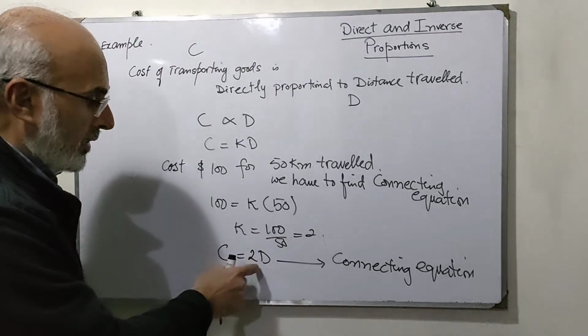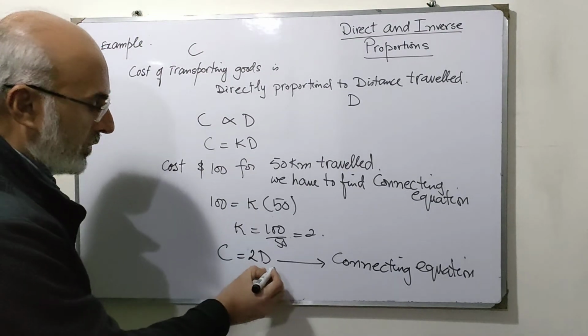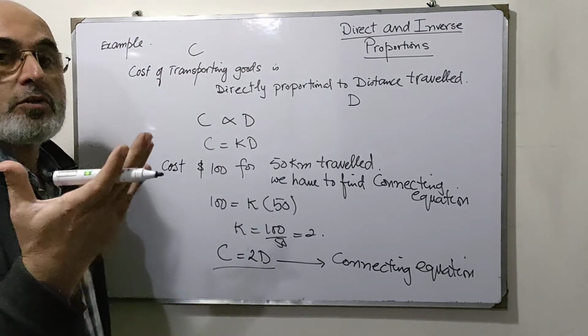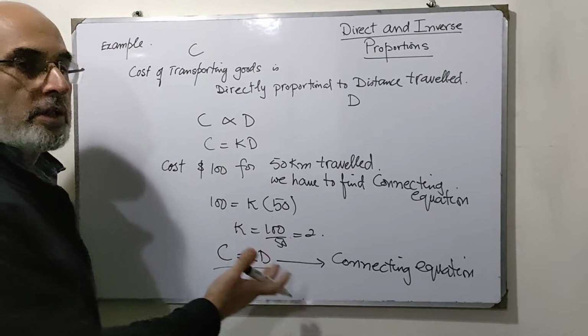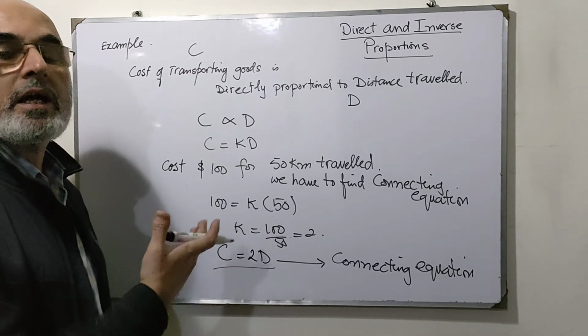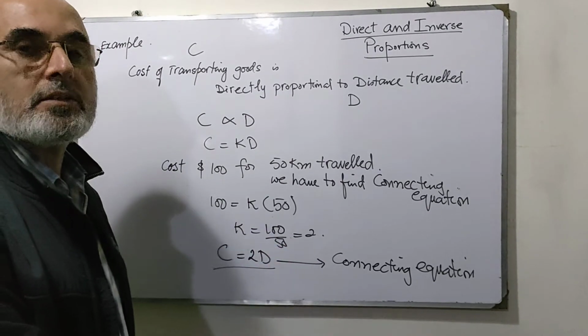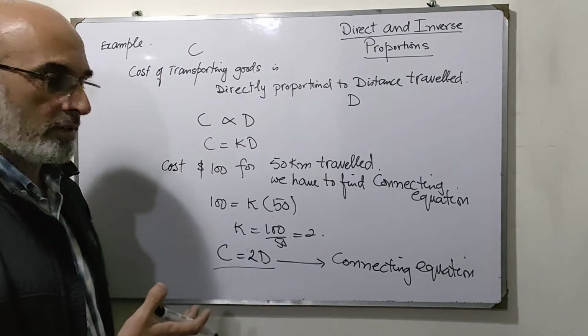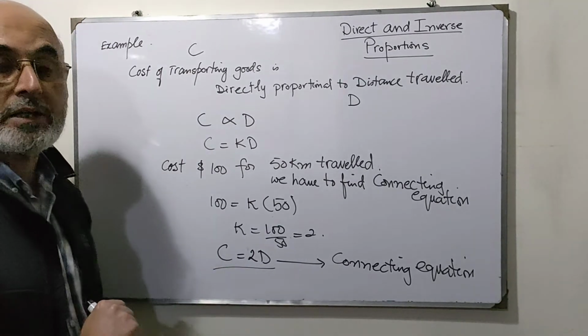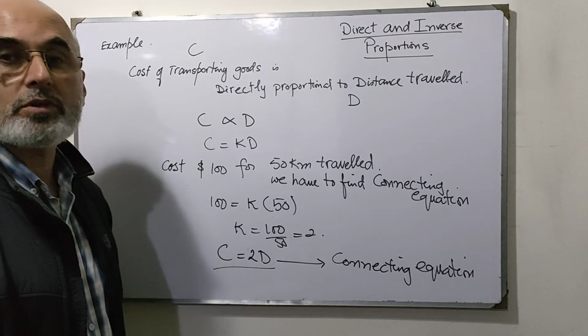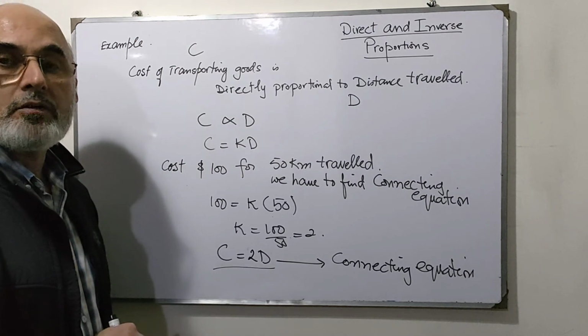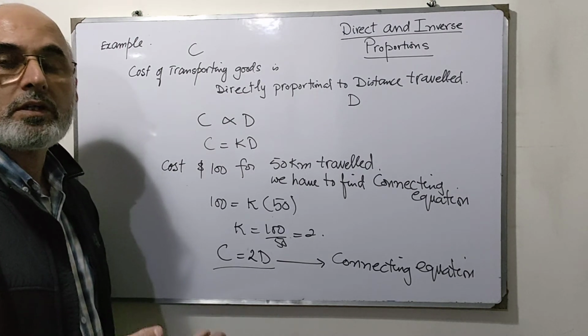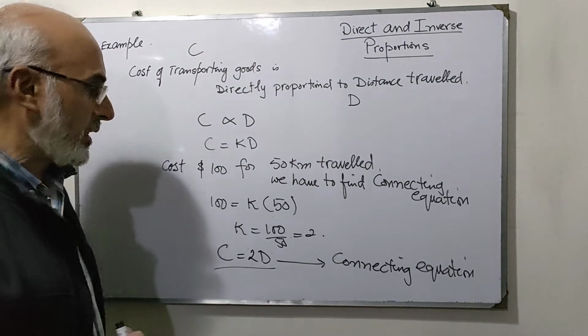So this is the value of K, and this equation is the connecting equation. If we have cost, we can find distance. If we have distance, we can find the cost using this connecting equation. So this is another approach of finding the unknown in case of direct proportionality.